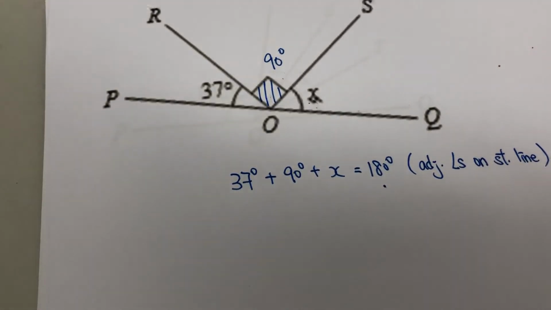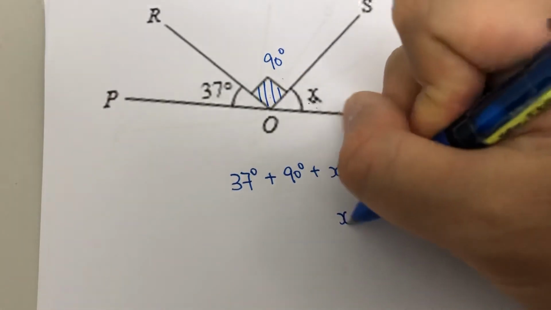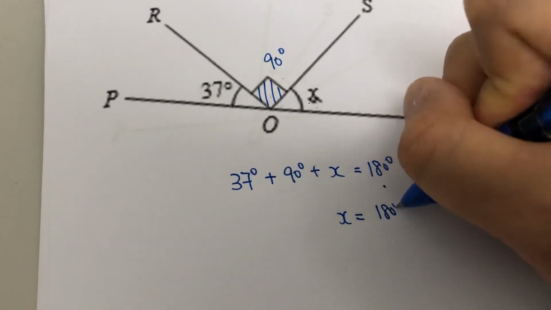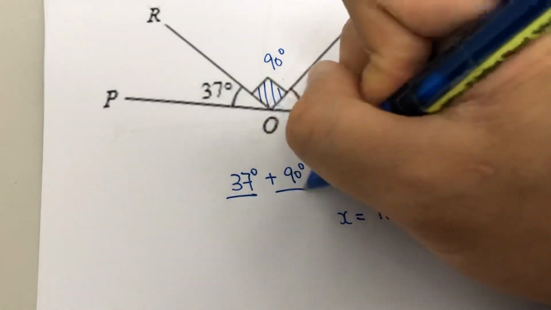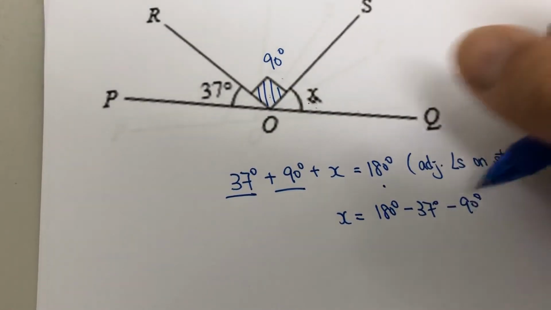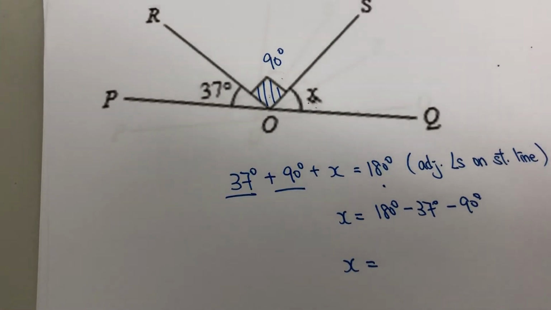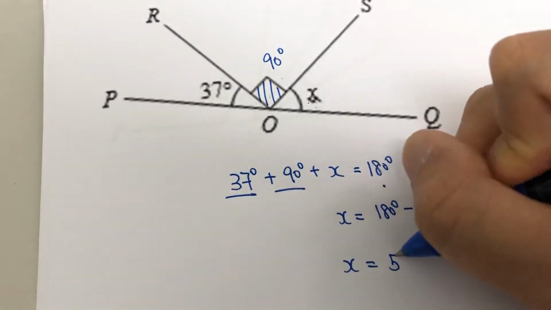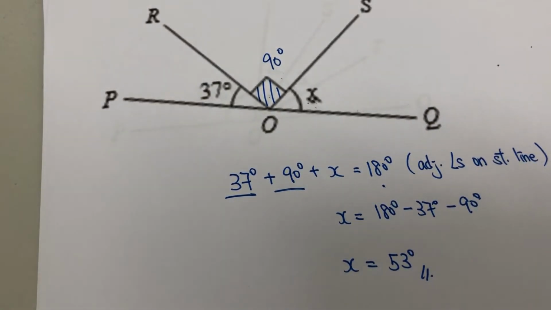Okay? And then we have to go ahead to find x. That means x equal to 180 minus 37 degree minus 90 degree. So that means x equal to 53 degree. Okay?